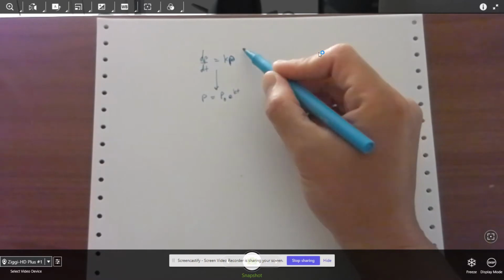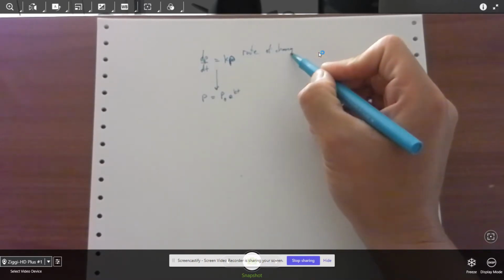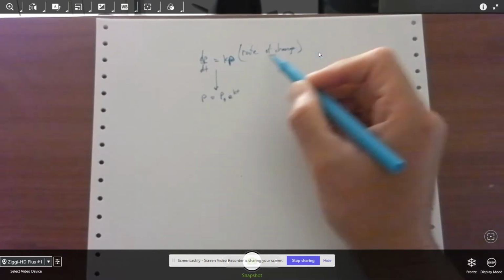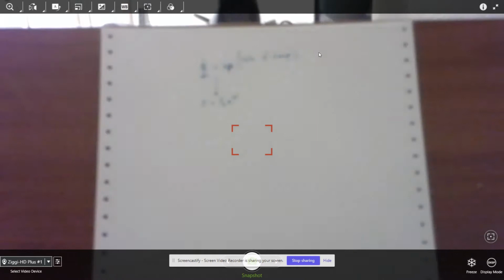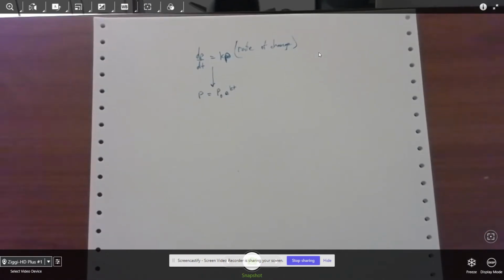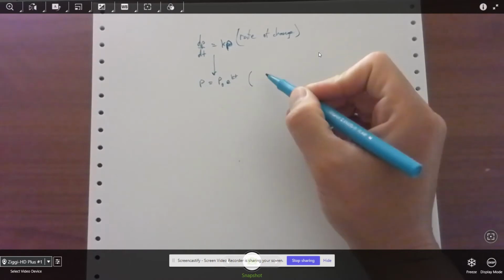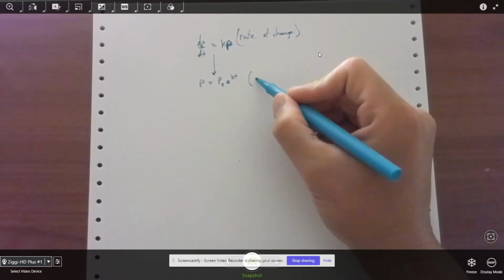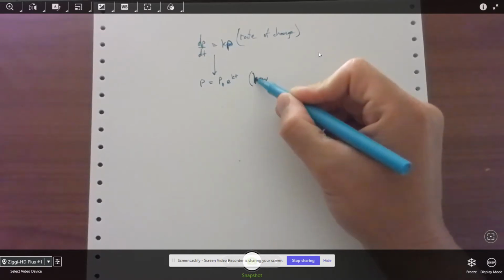This is the rate of change. I've been saying this a little bit wrong, but this is the rate of change. And then this is actually how things change, just how it changes.